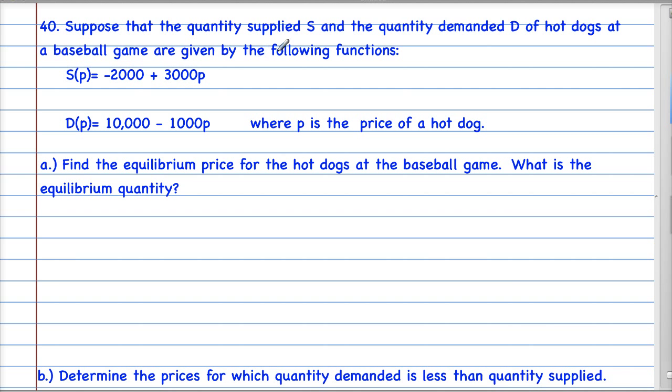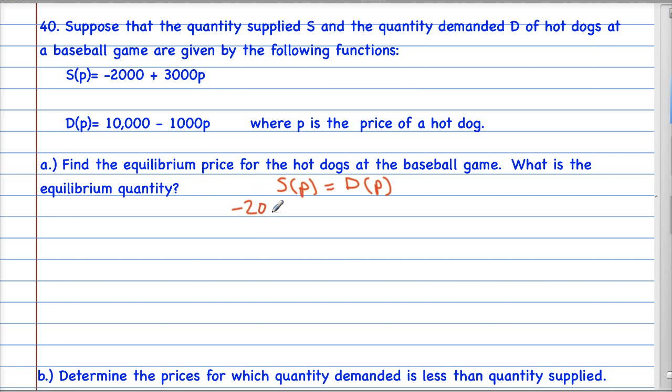So suppose the quantity supplied and the quantity demanded of hot dogs at a baseball game are given by the following functions. S of P equals negative 2,000 plus 3,000 P. D of P equals 10,000 minus 1,000 P, where P is the price of hot dogs. What's the equilibrium price for hot dogs at a baseball game? To determine the equilibrium price, I'm going to set S of P equal to D of P. The equilibrium price is the price where supply equals demand.